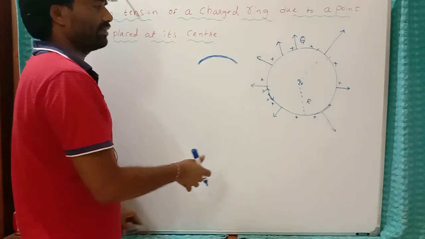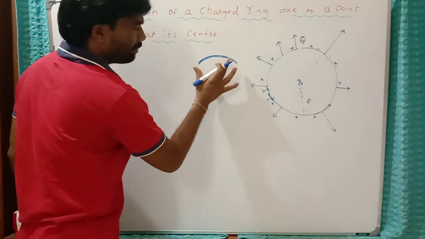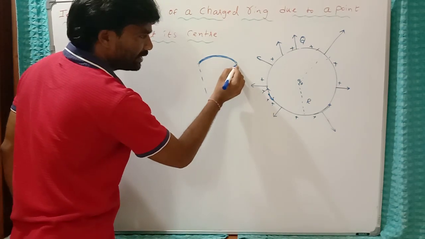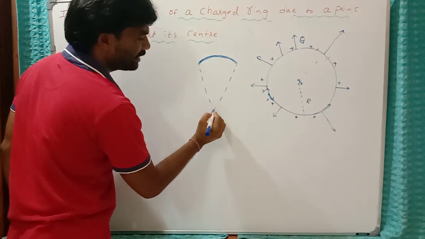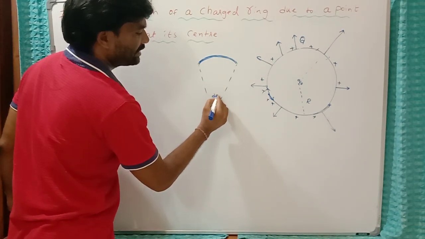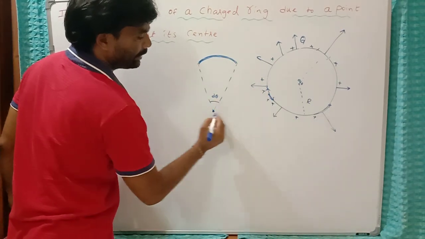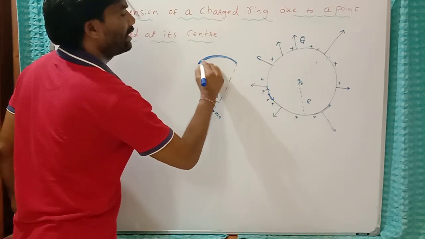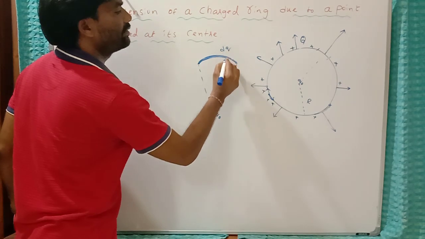Everywhere the tension in the ring acts along the direction of the tangent, and it is the same everywhere. If I take a small part of this ring here, the angle subtended by this small part at the center is d theta. It is the small element. Here we have this Q naught, and suppose this element's charge is dq.